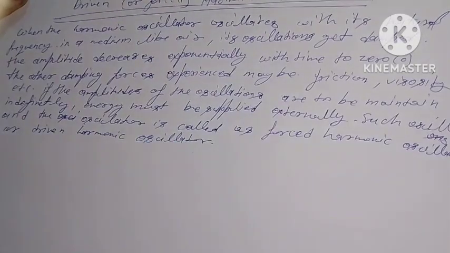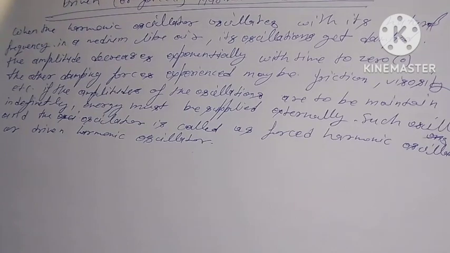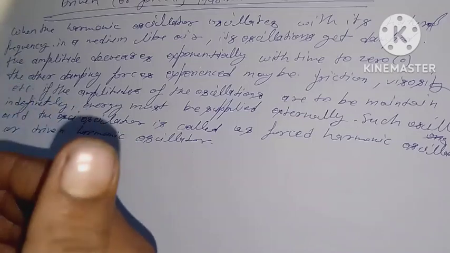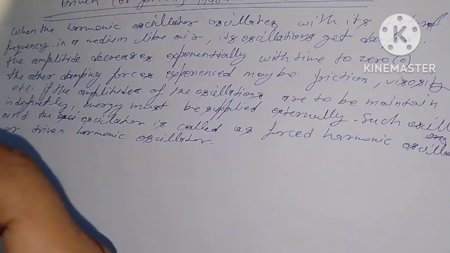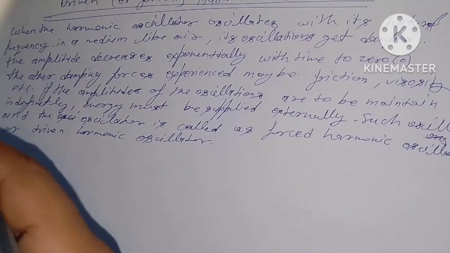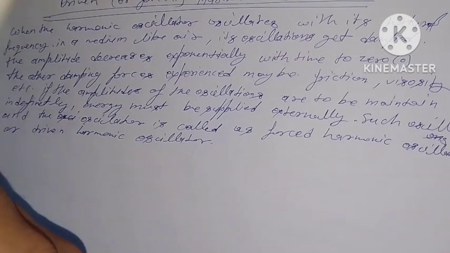When the harmonic oscillator oscillates with its natural frequency in a medium like air, its oscillations get damped. The amplitude decreases exponentially with time to zero.